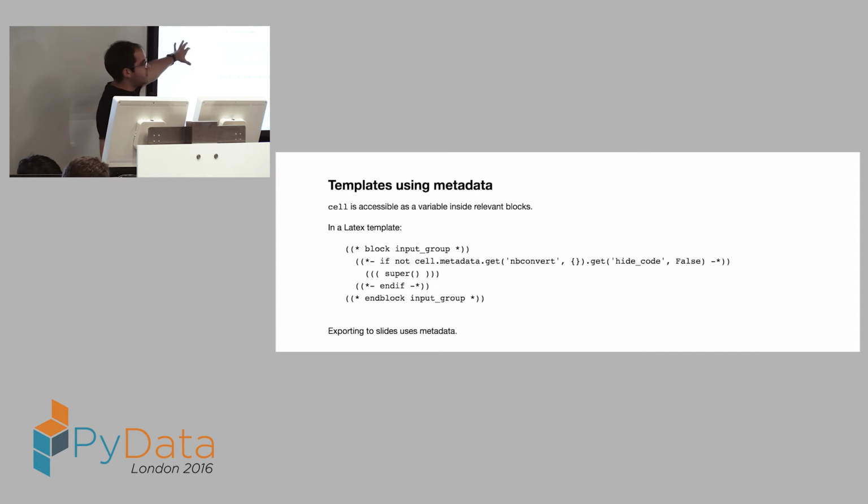So I also just had this example to mention. This is from the LaTeX template, and the sharp-eyed of you will have noticed that it's using a different kind of syntax to the other examples I had before. So these all use this curly bracket syntax, which is the default Jinja template syntax.